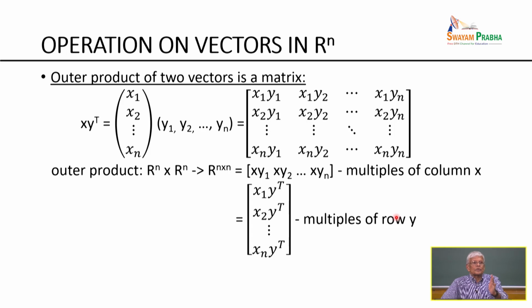The multiplying constants are y1, y2, y3, yn. Or you can look at the row. I have the row y: y1, y2, yn. Every element of the row is multiplied by x1. Every element of the row is multiplied by x2. So they are multiples of the row y. Everybody with me, please? So either it's the multiples of column x or multiples of row y.